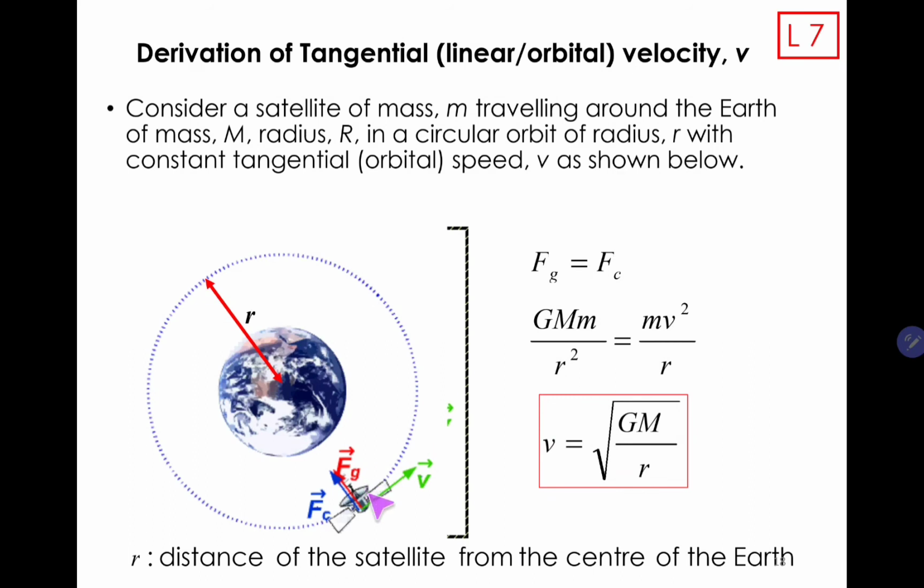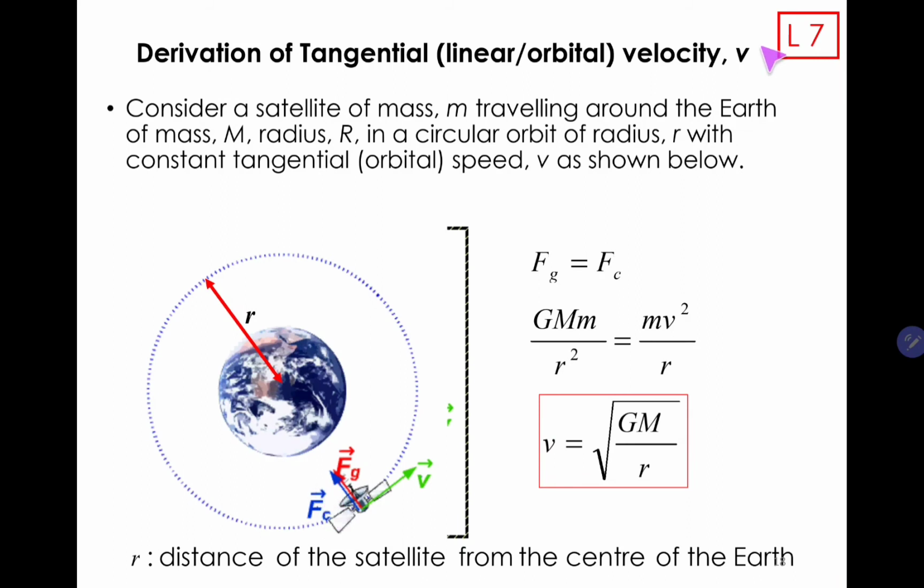As we know, the satellite is attracted by the planet, so the force exerted on the satellite is Fg, our gravitational force. At the same time, the satellite is moving in a circular path, so we are talking about circular motion. For any circular motion, the net force exerted on the object is Fc.